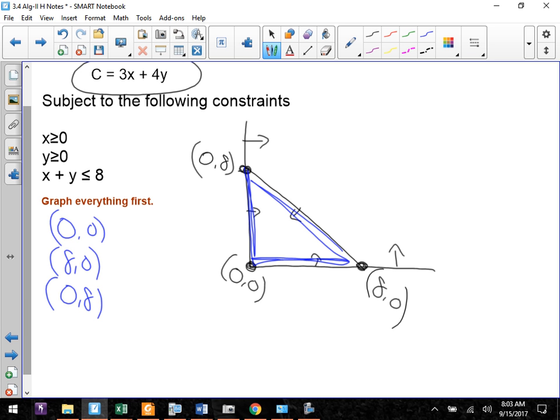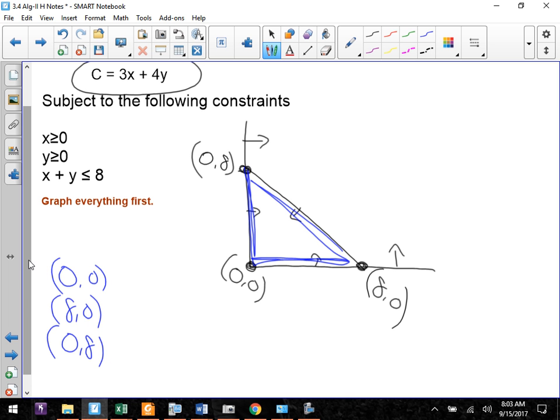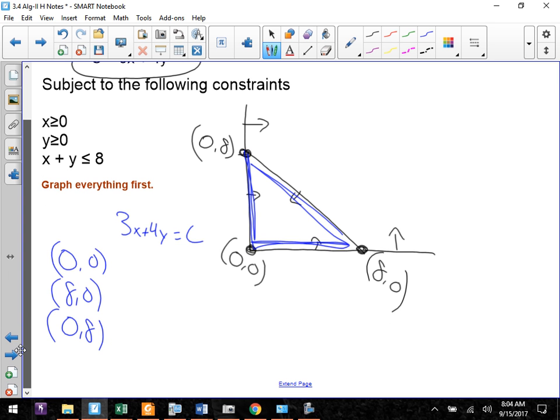We take these ordered pairs, and we're going to substitute them in to figure out which one gives you the maximum and which one gives you the minimum. So here you get 3 times 0 plus 4 times 0, which is 0. All right, way to go, guys. Good work.